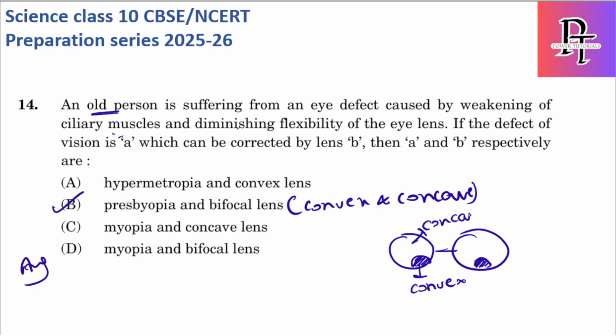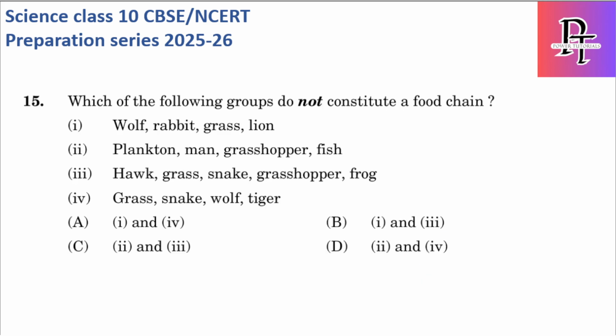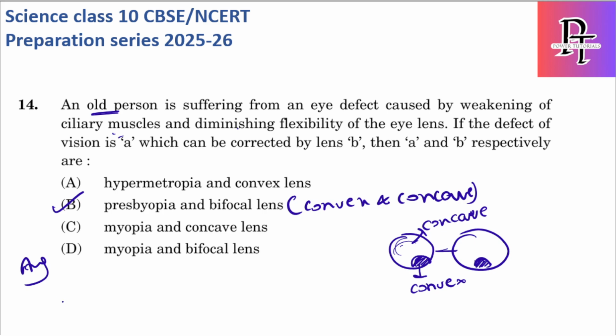So they have both convex and concave, hence it is called a bifocal lens. Okay, so this is used for reading at closer distances like books, and this is used to see larger distances. Okay, for teenagers they will use concave lenses for negative power.